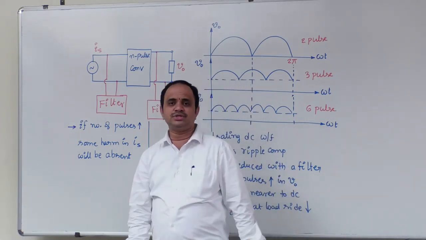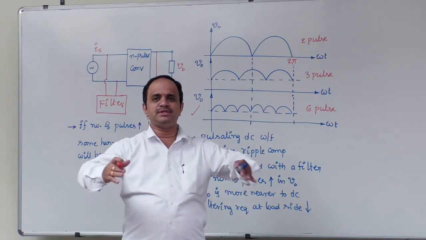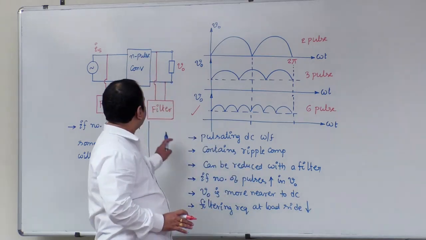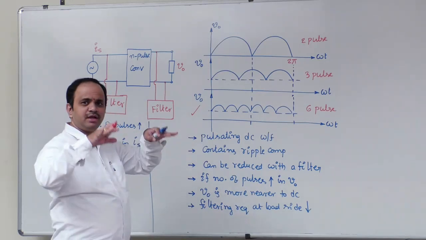So finally the conclusion is, if the converter is operated with more number of pulses, the filtering requirement at the load side as well as the source side will reduce.